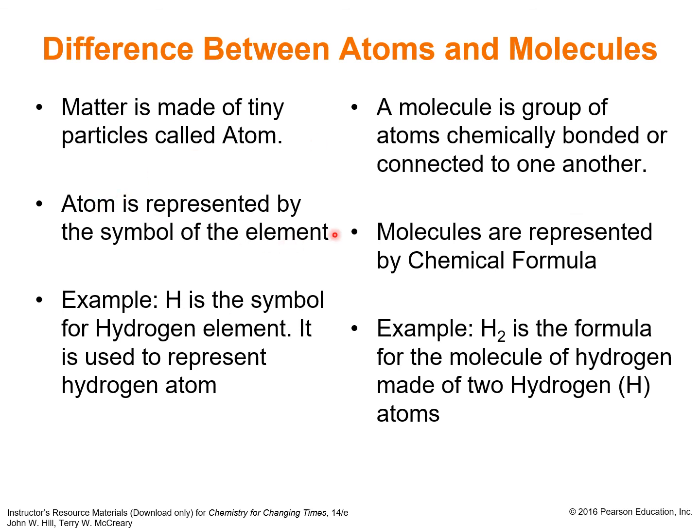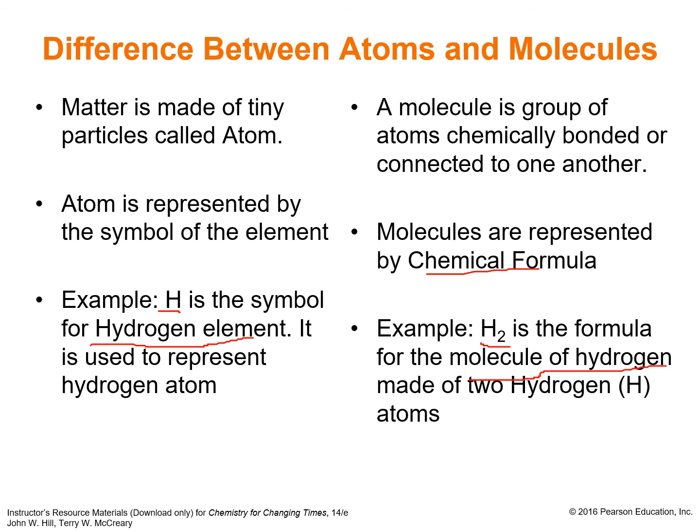Atom is represented by the symbol of the element. So for example, H is the symbol for hydrogen element, or it represents one hydrogen atom, whereas molecules are represented by using the chemical formula. So whenever you will see H2, that is the formula for the molecule of hydrogen. So it's made up of two hydrogen atoms.